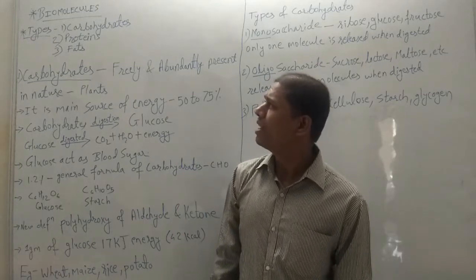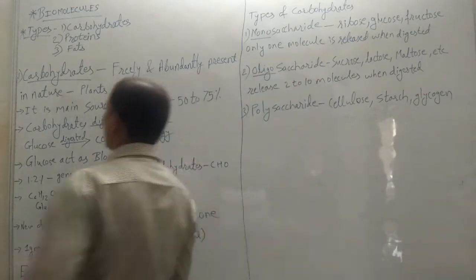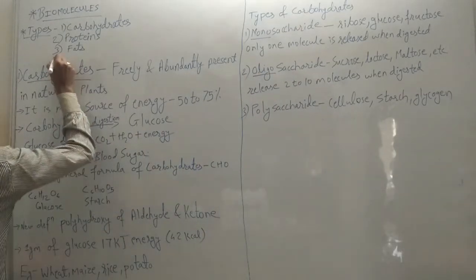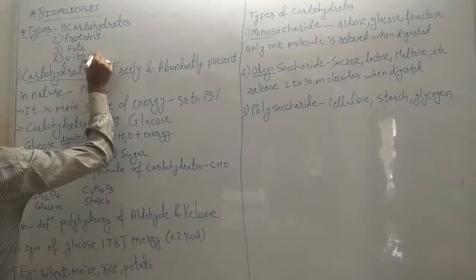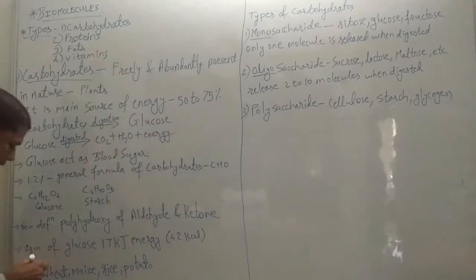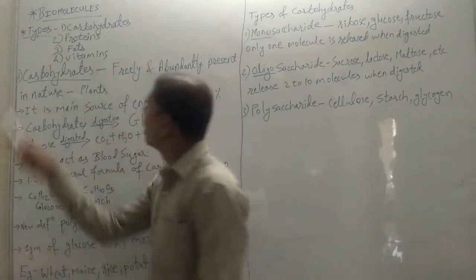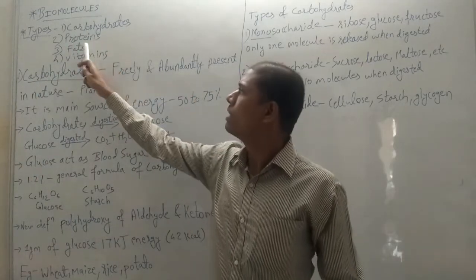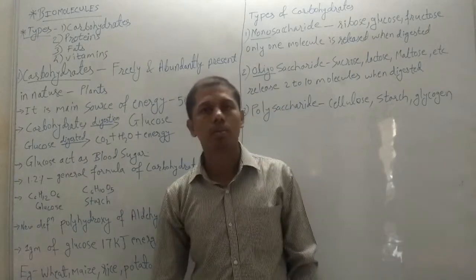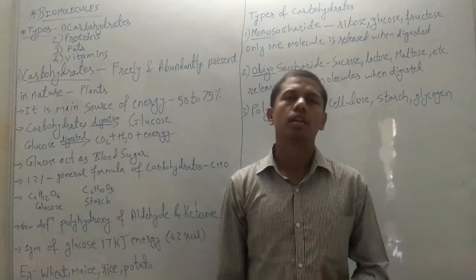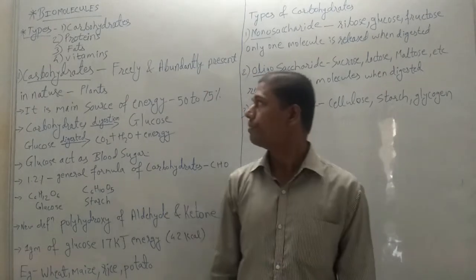So there are mainly three types of biomolecules, including vitamins also. Carbohydrates, proteins, fats, and vitamins are the four types of biomolecules which are very necessary for the basic functions of the living organism.